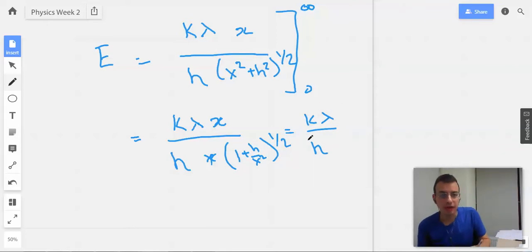Then when we plug in 0, that makes this part infinite, which makes the whole thing 0.